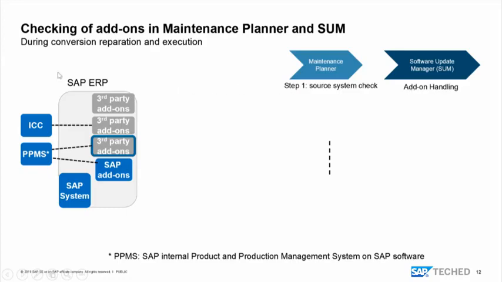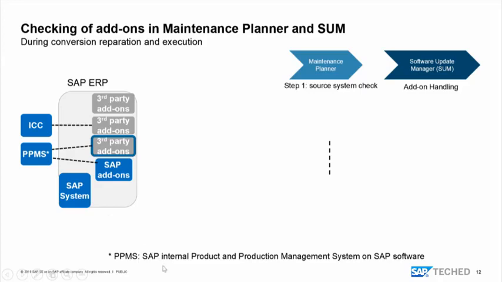Then, left-hand side, we have your ERP source system that is to be converted, and it potentially consists of different kinds of add-ons. Starting at the bottom, there are SAP add-ons, and since they have been developed by SAP, we from SAP know the status. There's a line to the PPMS.